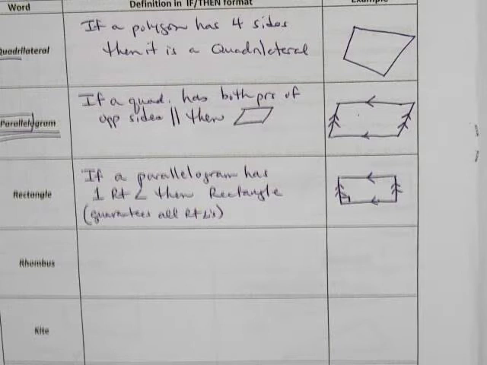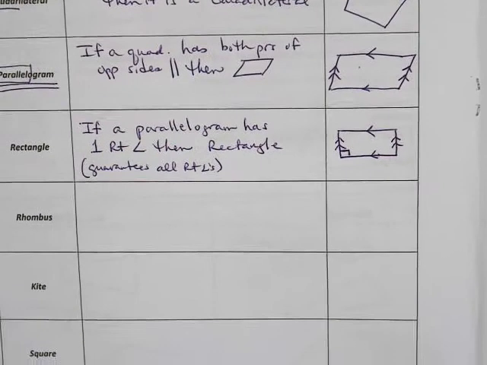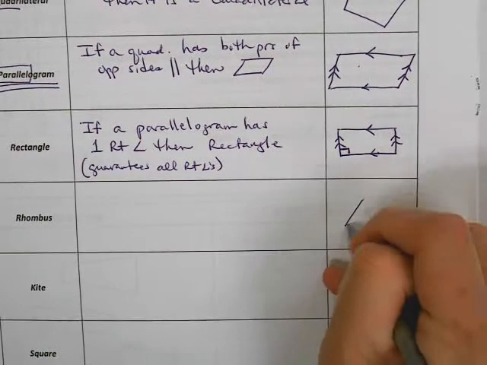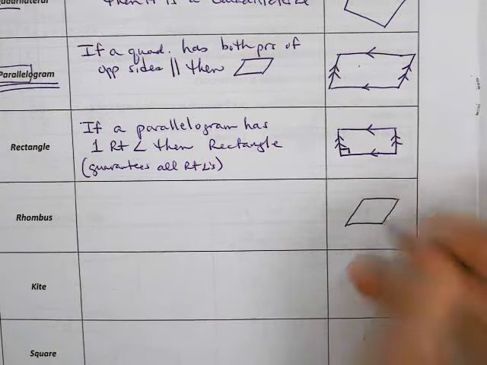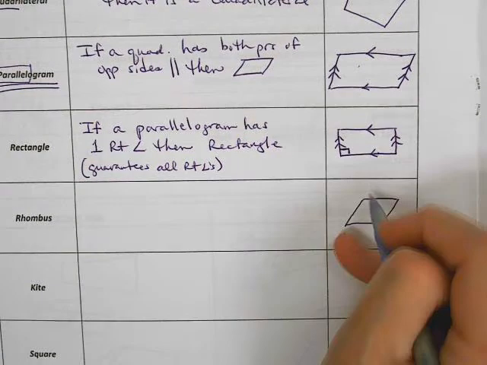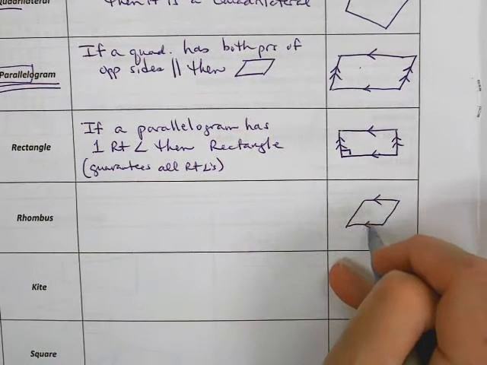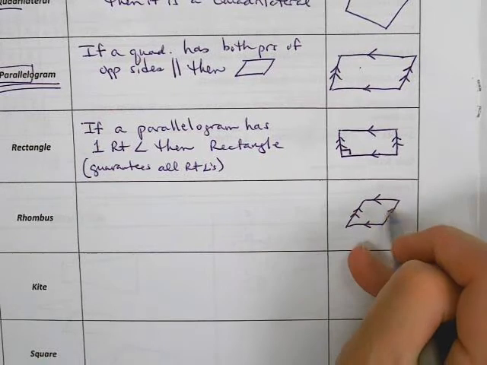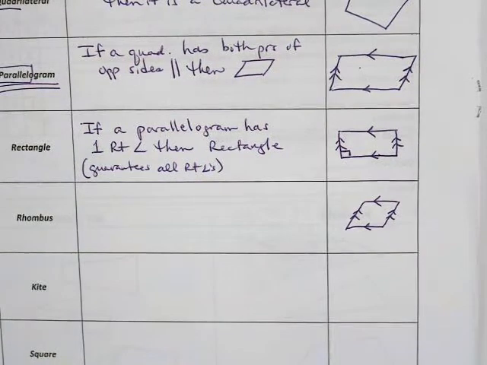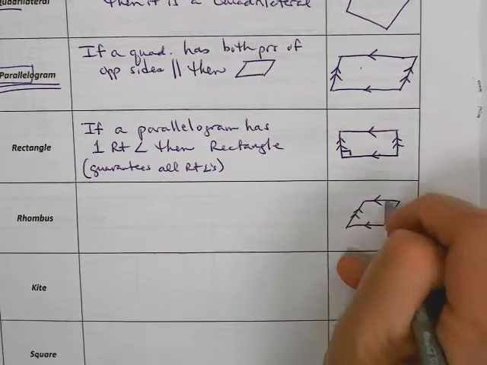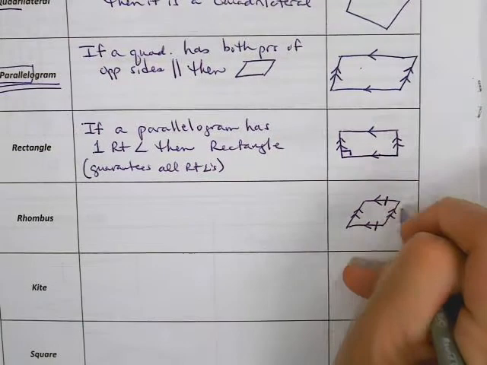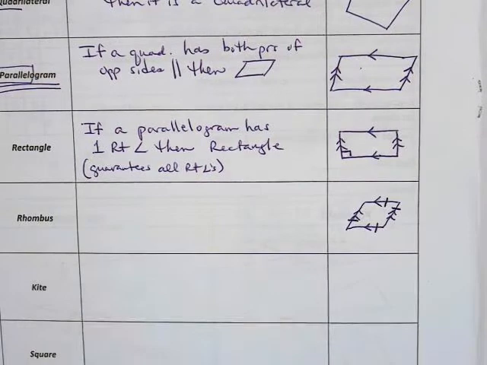All right, a rhombus, this one might not be quite as familiar, right? I'm going to draw one for you first. It kind of looks like, because it is a parallelogram, but it also has one unique feature. It doesn't have the right angles, but a rhombus has all these sides to be congruent.